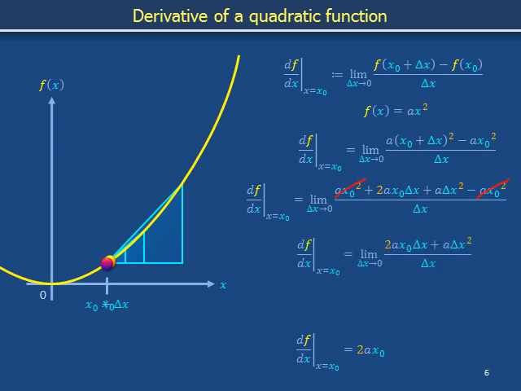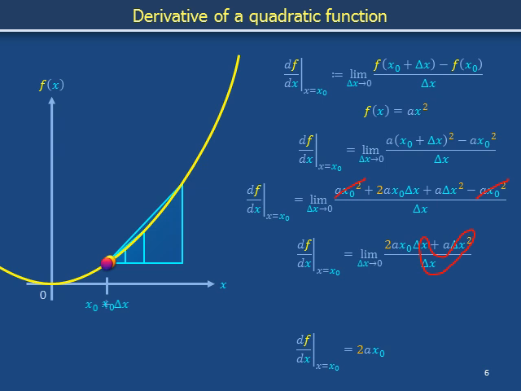df dx at x equals x naught is the limit as delta x approaches 0 of numerator 2a x naught delta x plus a delta x squared over denominator delta x. And this factor of delta x from the denominator is common to both terms in the numerator.